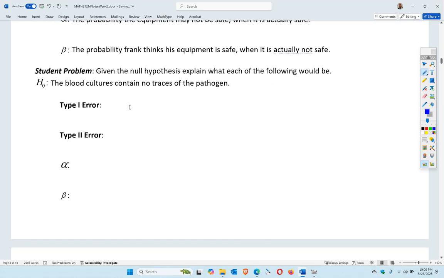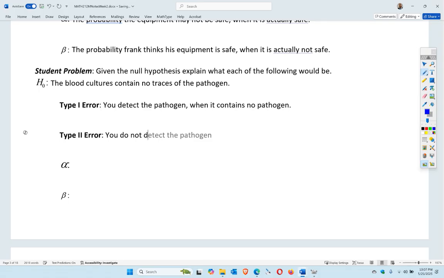Okay, now we have given the null hypothesis would be the blood cultures contain no traces of the pathogen. So you detect the pathogen when it contains no pathogen, versus you do not detect the pathogen when it contains pathogen.